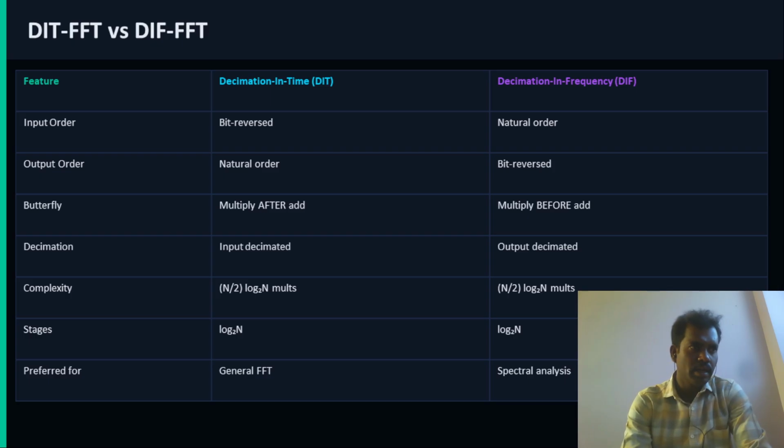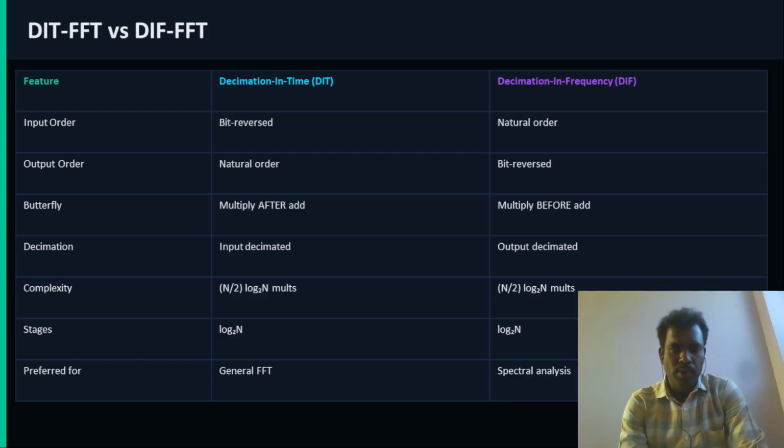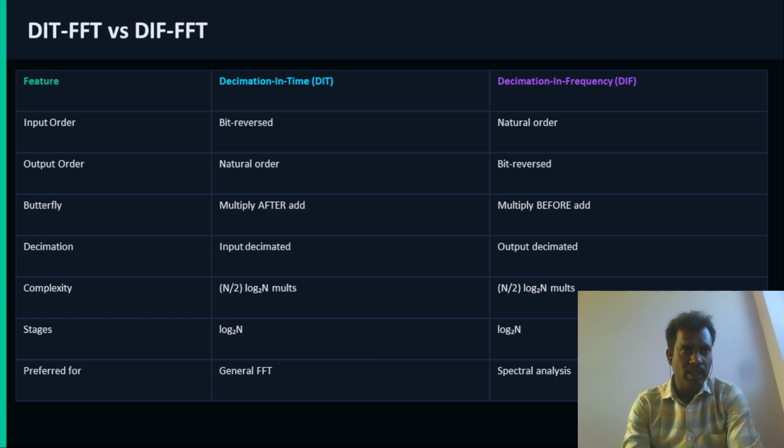In the same manner, we can perform decimation of the output samples also, in the reverse order. We can divide the output into two parts and calculate it. So we calculate the even indexed outputs and then the odd indexed outputs by using two n by 2 point DFTs.